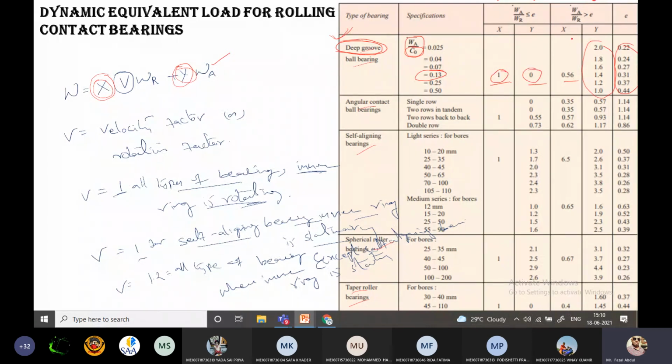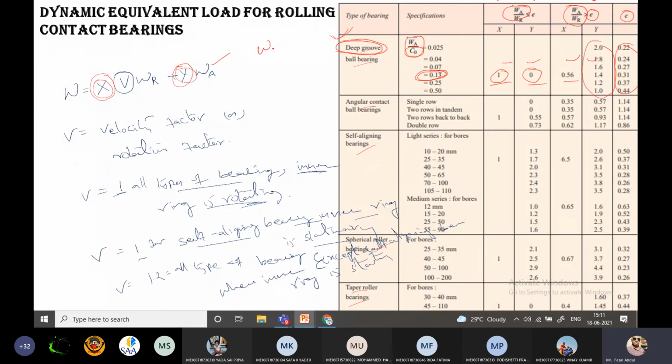And for one more condition, again your question will arise between these columns. So after getting this value, we need to check this condition. The E values are already given here: 0.22, 0.24, 0.27, 0.31, 0.37, 0.44.